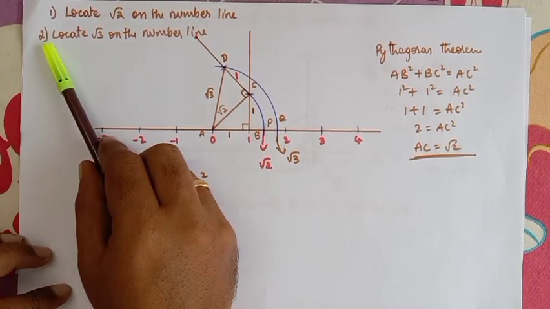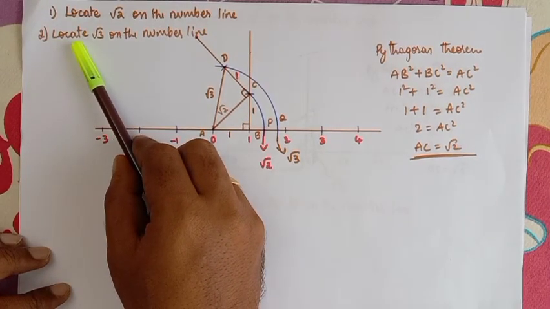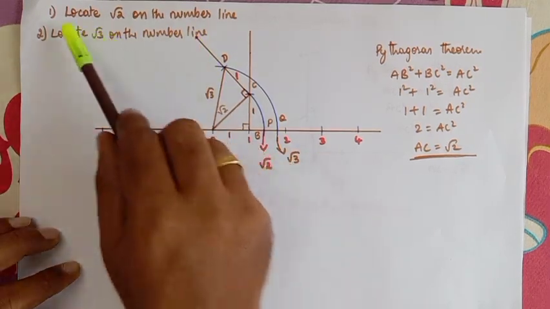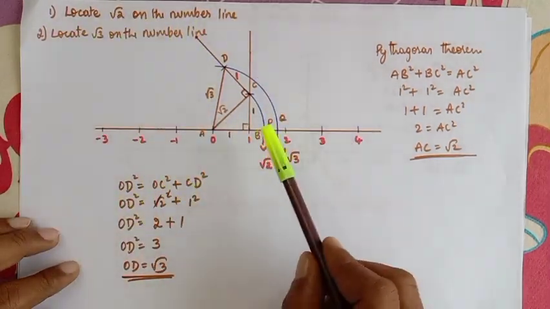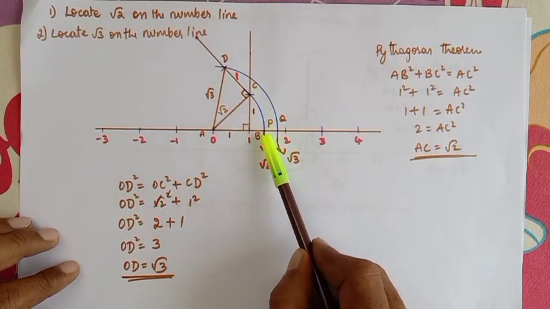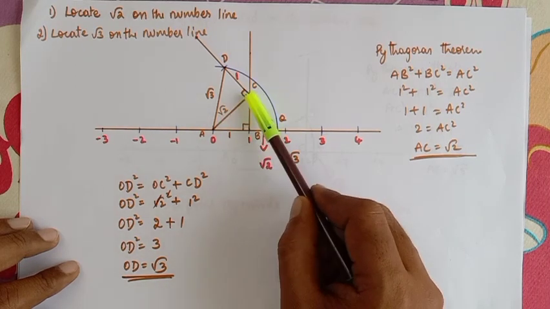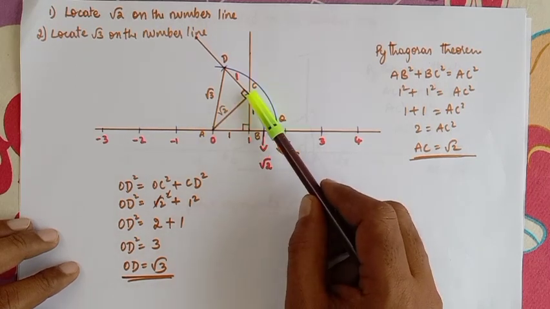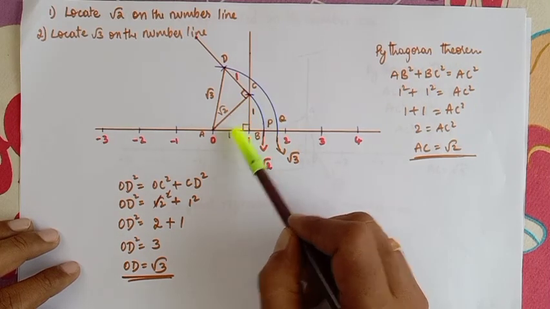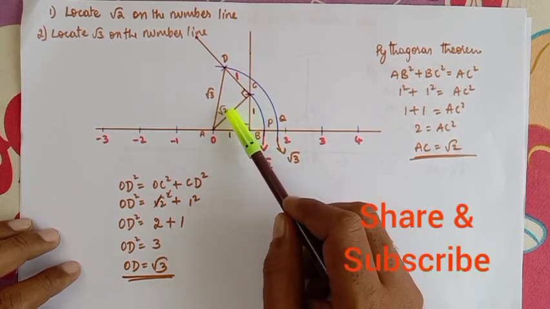To locate root 3 on the number line, first we have to locate root 2 on the number line, and then only we will get the root 2 length. But there is no need of writing this arc. Simply you find the length of root 2, and there is no other way of doing this. Firstly, we should take 1 and 1 and find root 2.